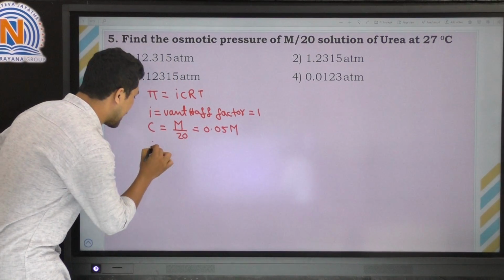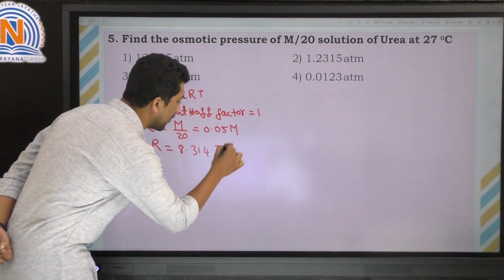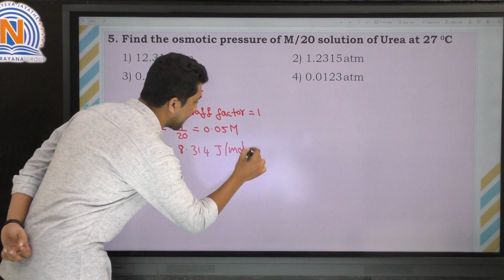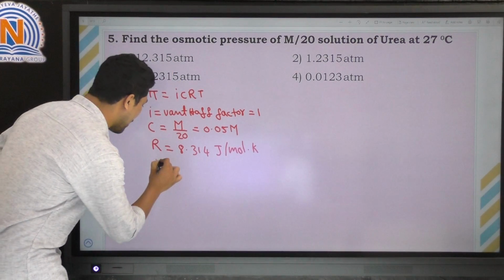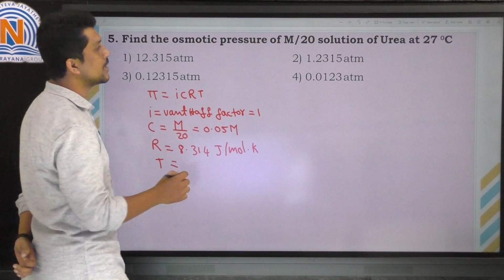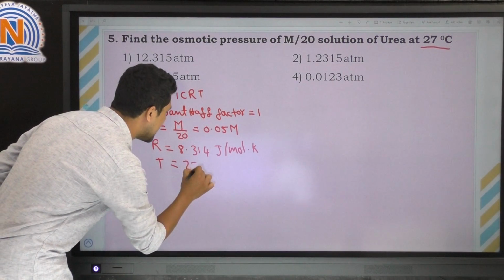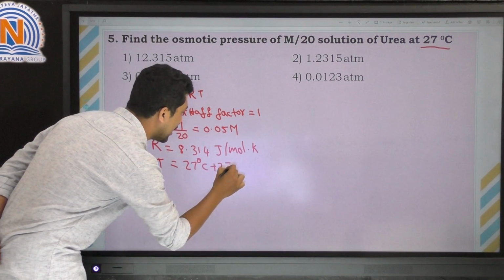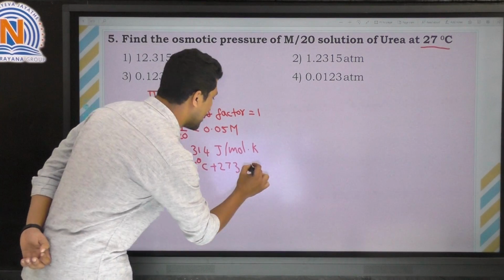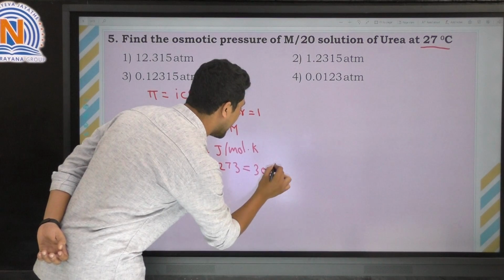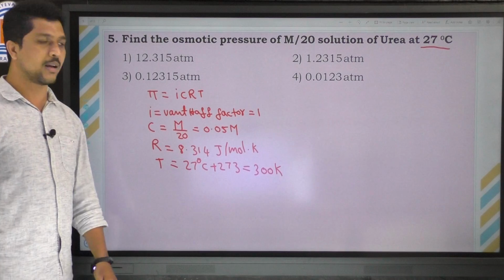Next, R is the gas constant, that is 8.314 joule per mole Kelvin. Next, the temperature. They have given 27 degrees centigrade, so 27 plus 273. We always have to take the temperature in Kelvin, so 300 Kelvin.